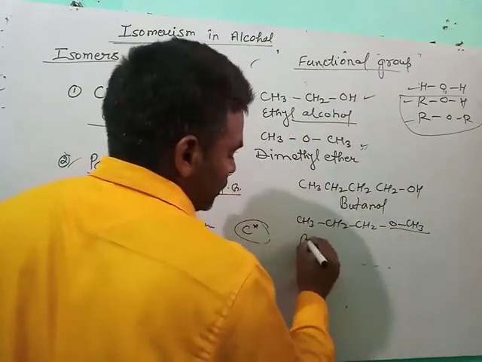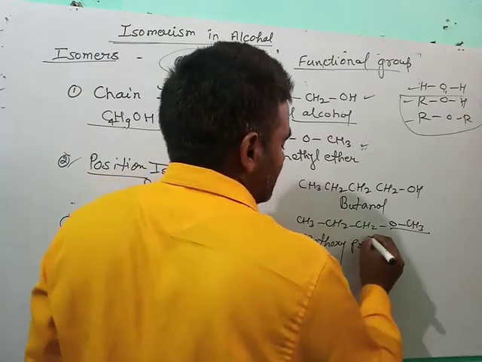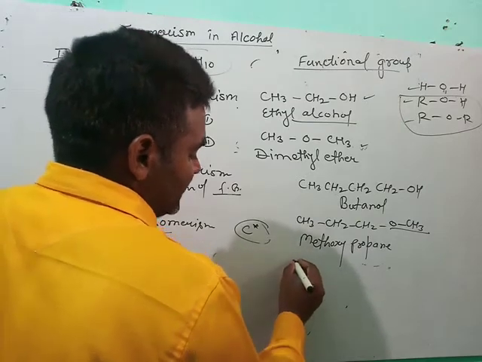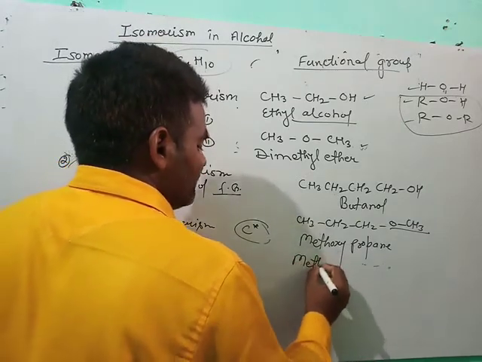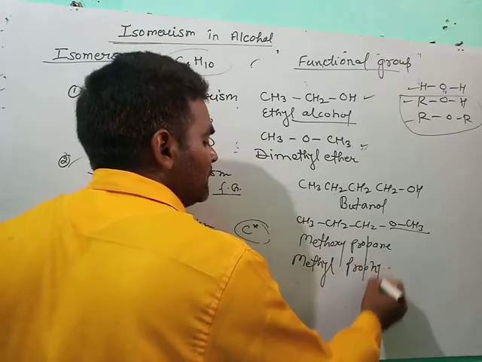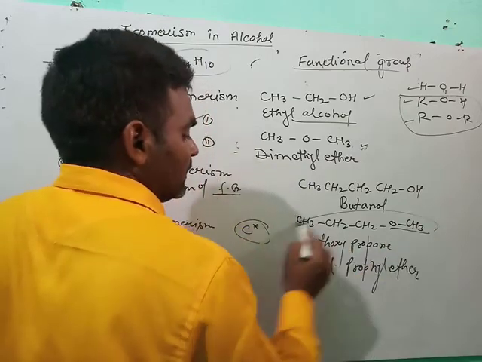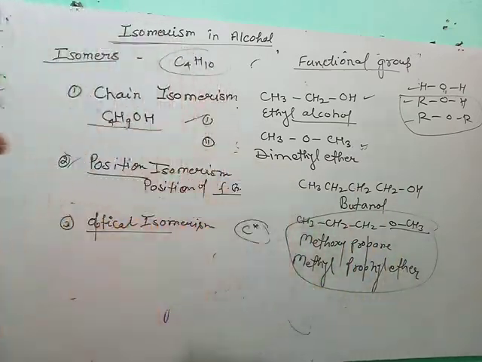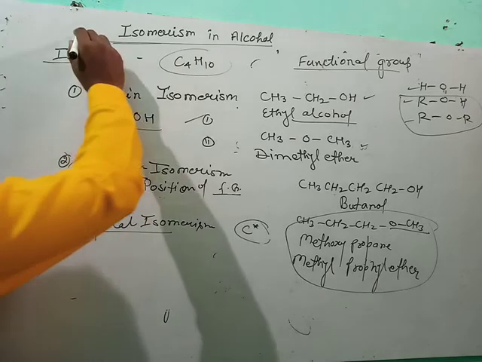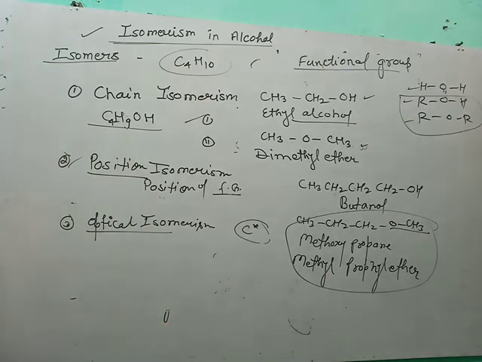This is methoxy propane, also called methyl propyl ether. So these are the four types of isomerism which can be represented by alcohol. Thank you.